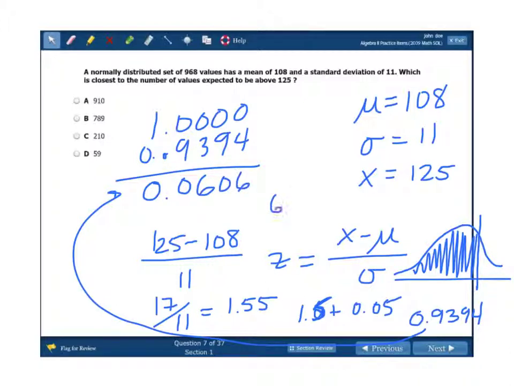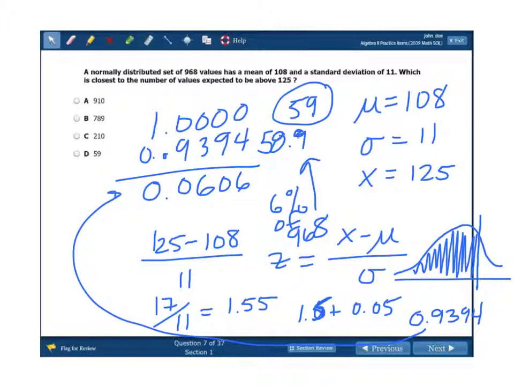So in other words, 6%. If you want 6% of 968, when you multiply that, that's going to be 58.9 something, so 59. I can't remember if it's a 9 right there. 59. All right, next question.